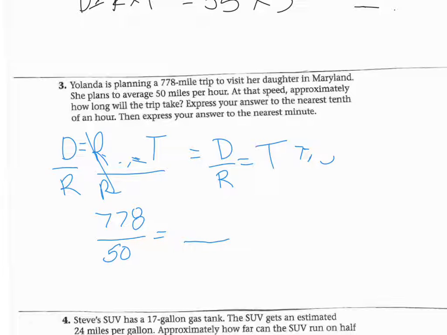But you take your decimal point, whatever that may be, to determine minutes, point whatever, and you multiply it times 60, and you get the total number of minutes in addition to his number of hours. So to recap, 778 divided by 50 equals your number of hours and the decimal point involved.